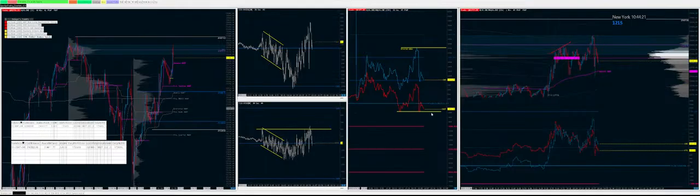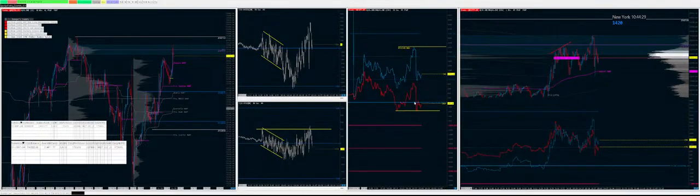If this trades delta starts to break down from here, I might add. But again, I just gotta see what it does. I'm gonna erase these other trend lines here.